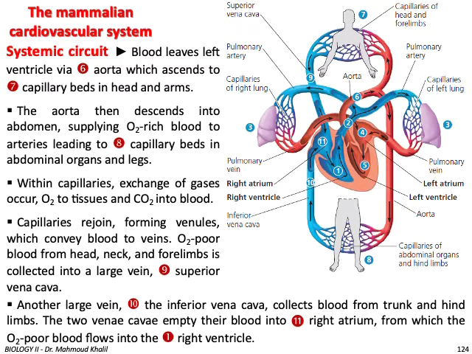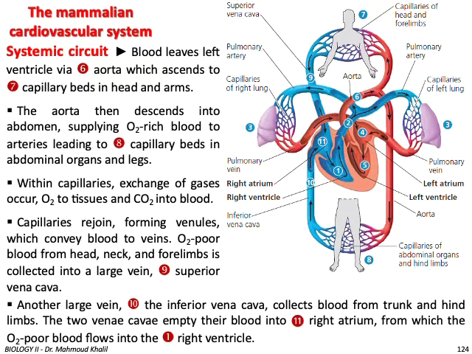And the aorta as well has another branch that descends into the abdomen to supply oxygen to arteries leading to the capillary beds of the abdominal organs and legs. Within capillaries, exchange of gas occurs, so oxygen goes to the tissue and carbon dioxide into the blood. Capillaries rejoin after finishing their job, forming venules, which convey blood to veins.